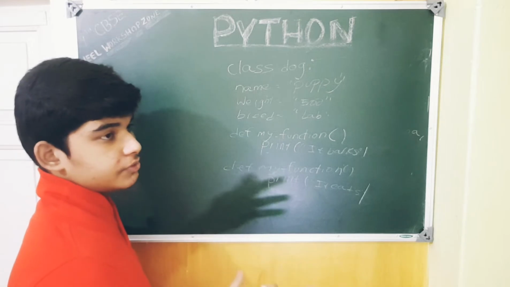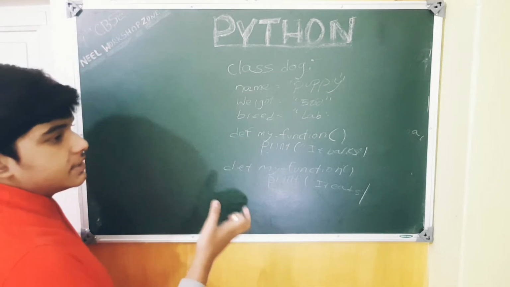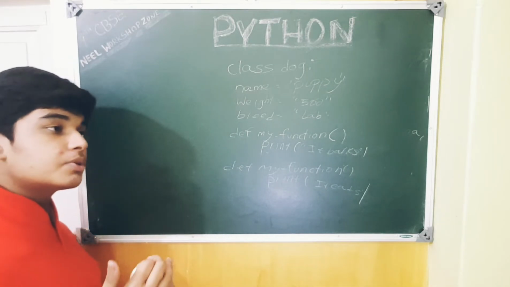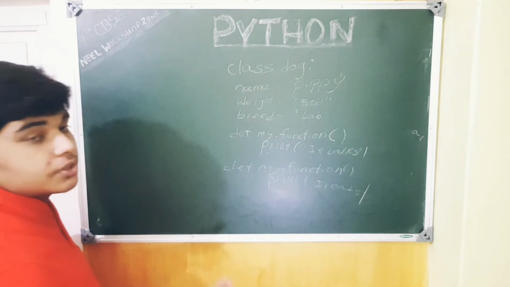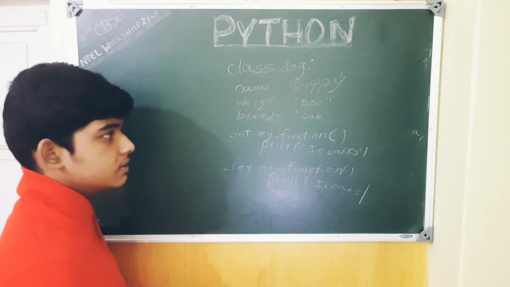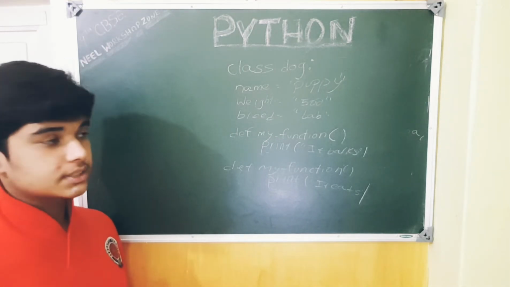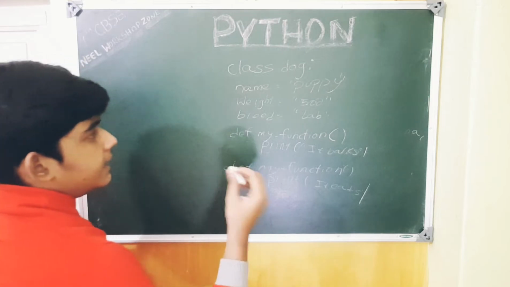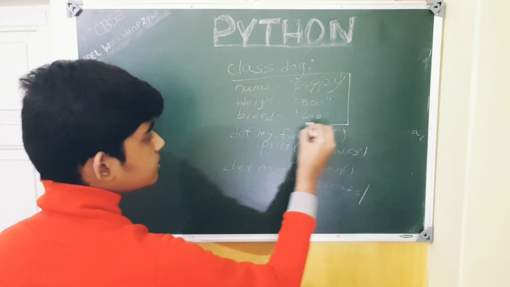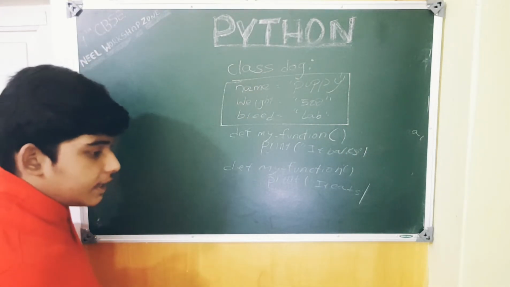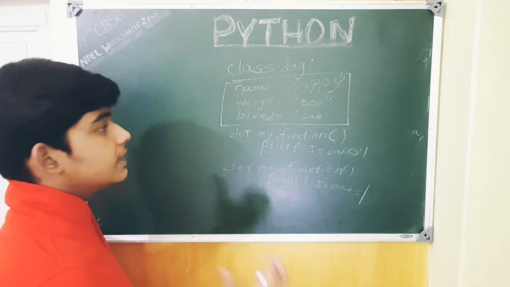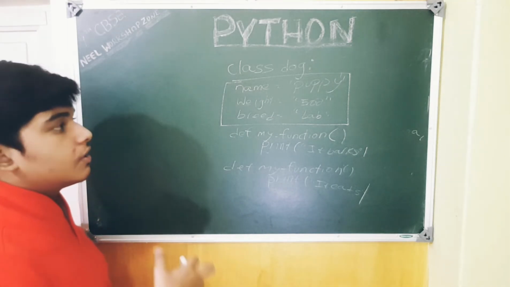Now you might be thinking that yes, this is a class, but you still haven't said what data is or what methods are. Basically, data is variables and methods are functions. For example, these three things, name, weight, breed, etc., are the data or the variables.